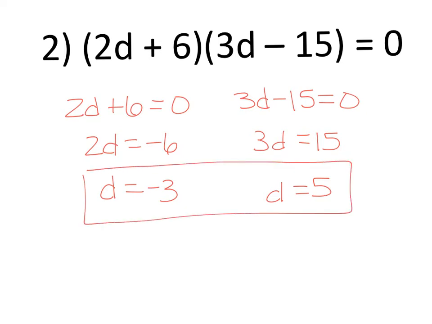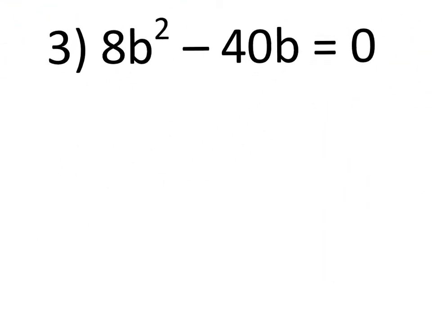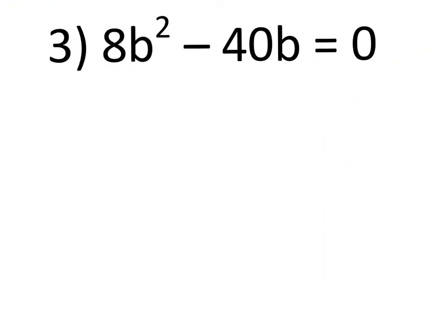Now on number 3, what's happened here is they've given you the original problem, and now you're going to need to go ahead and factor by pulling a GCF. We're starting with the baby steps again, so we're going back to the beginning of factoring, and right now all we're going to do is work on pulling the GCF and then setting both parts equal to 0, and then each lesson we get one step farther into the process.